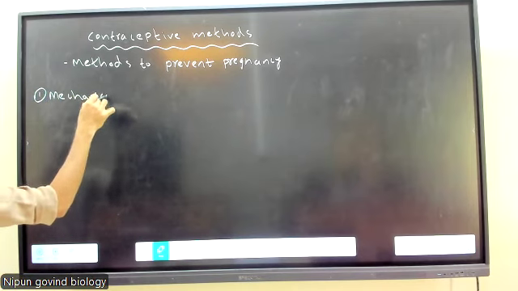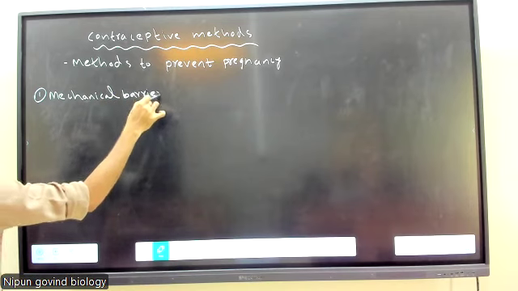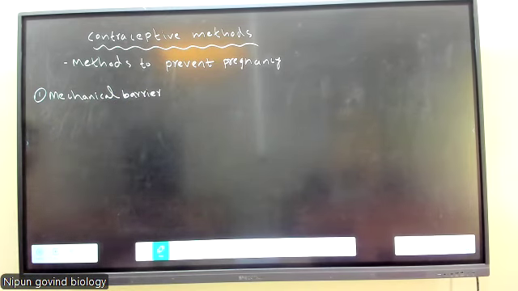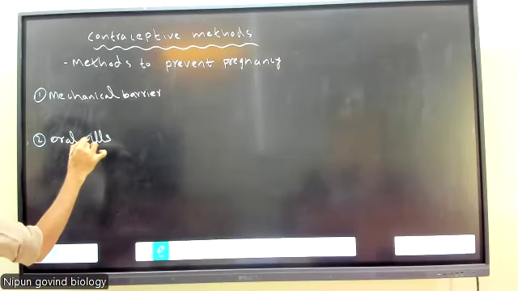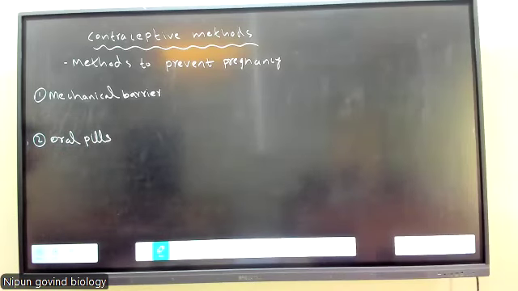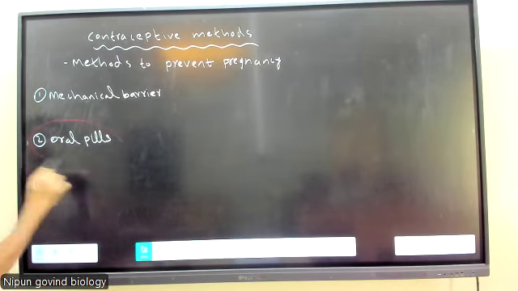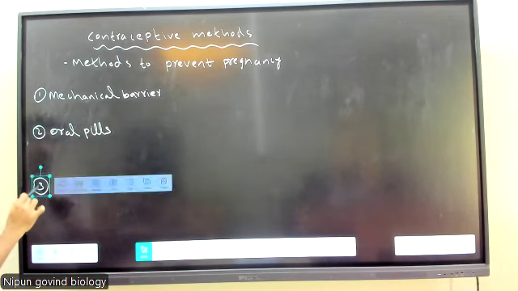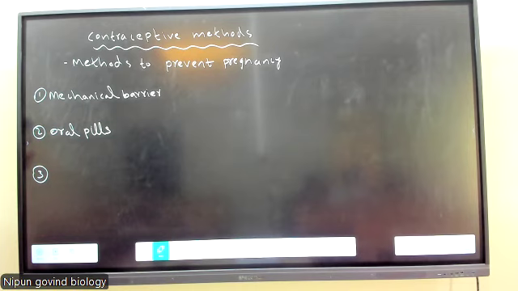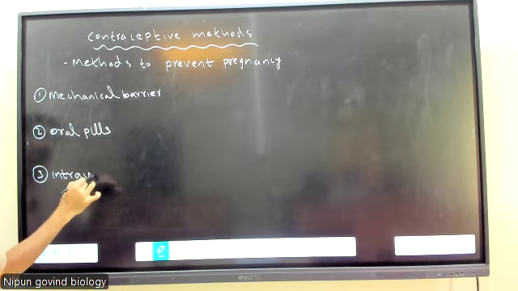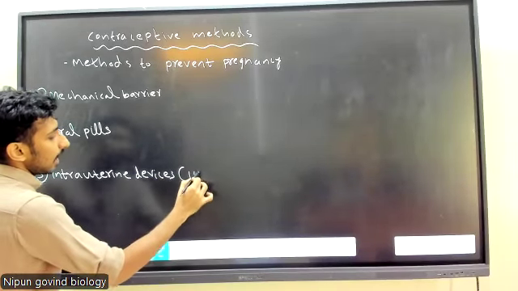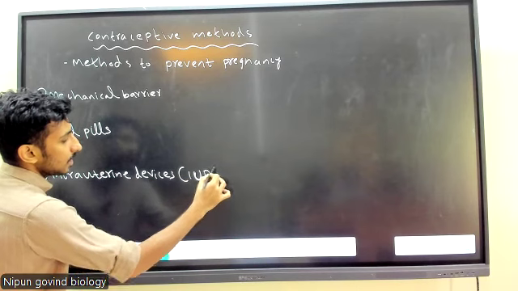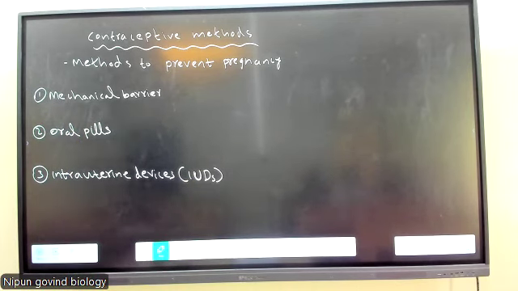mechanical barrier. Second one, oral pills. Third one, intrauterine devices or IUDs.